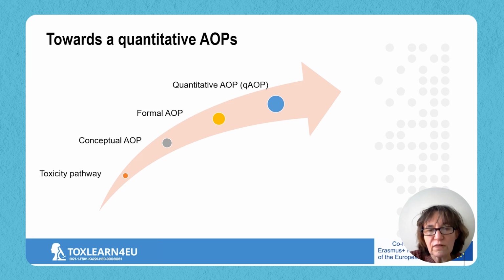So once you have your conceptual AOP, you've done your weight of evidence, and you got your AOP formalized, you can continue to gather information on the dose-response curves and the different key event relationships and try to build a quantitative AOP.